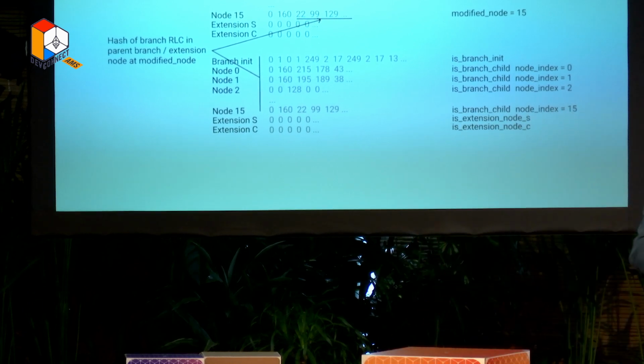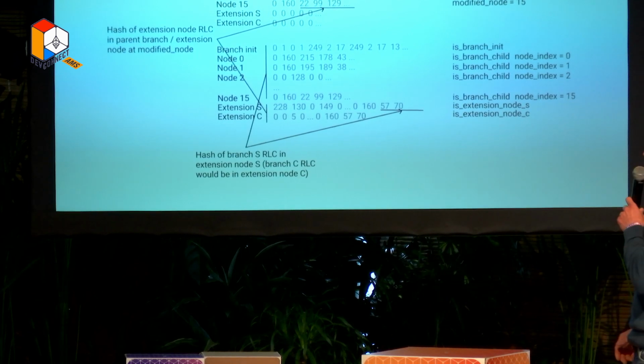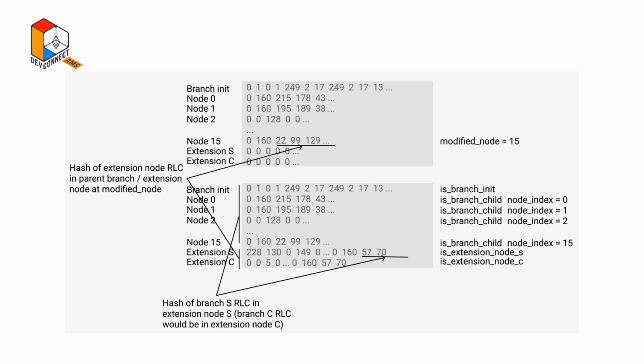But in the extension node case, it's a bit different. In this case, we need to check that the extension node is a kind of branch where the path is a bit longer to arrive at the branch. So there are some additional nibbles, and these nibbles are stored here.